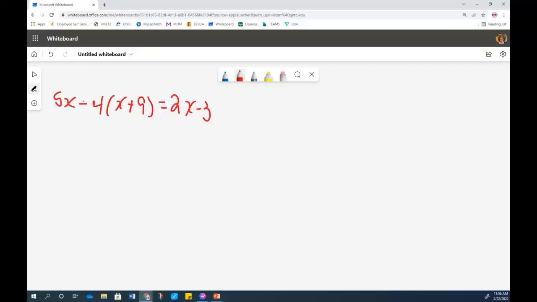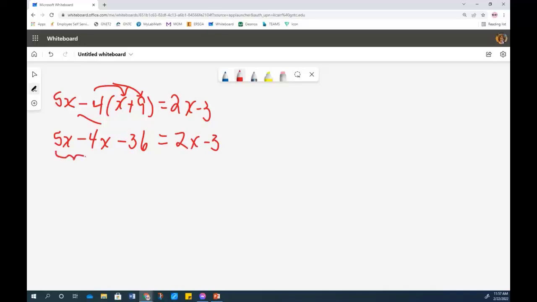They're not like terms. But here on the left, I'm going to take this negative 4, and I'm going to distribute it through the parentheses by multiplication. So I get 5x, negative 4 times x is negative 4x. Negative 4 times 9 is negative 36. And then it still equals 2x minus 3.